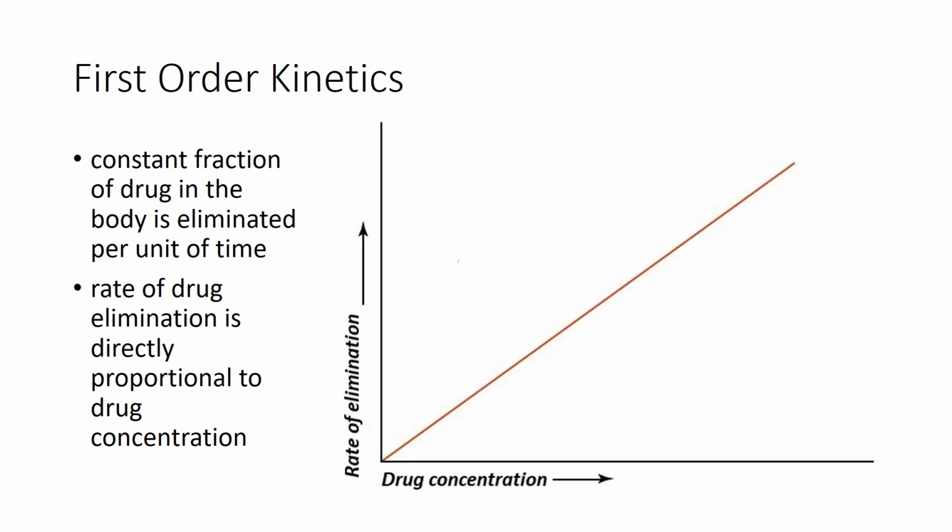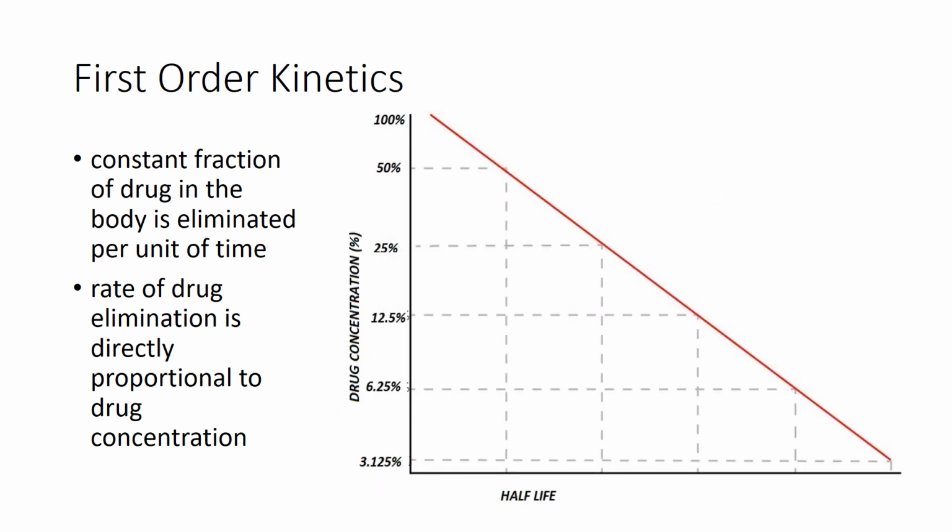If you plot the relationship of concentration versus elimination rate, the relationship is linear. The relationship of concentration and time is linear if we plot this on a semi-logarithmic scale.